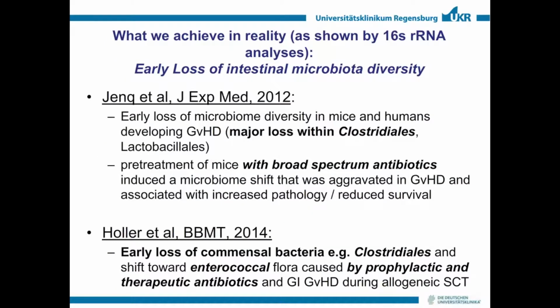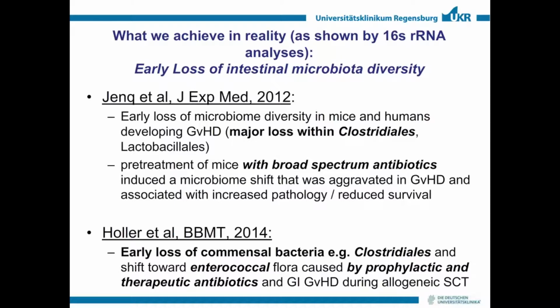Now, when we applied these new culture-independent techniques like the 16S rRNA analysis to stem cell transplant patients, we saw a completely different picture. We saw in both studies an early loss of intestinal microbiota diversity. The first study came from Sloan Kettering, from Robert Jenq.